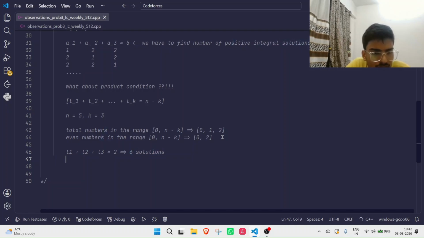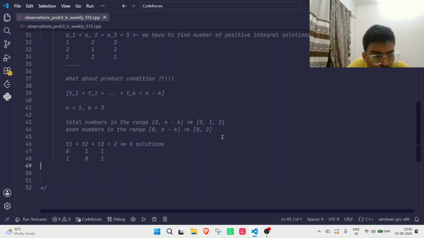But that 6 contains what? That 6 contains 1, 2, 0; 1, 1, 0; 1, 0, 1; and 1, 1, 0.